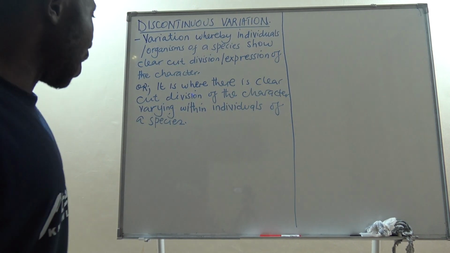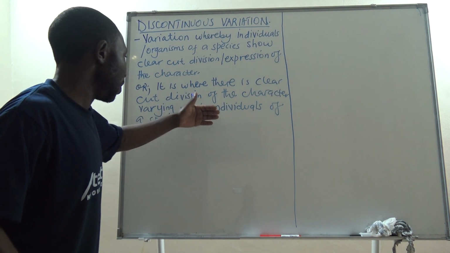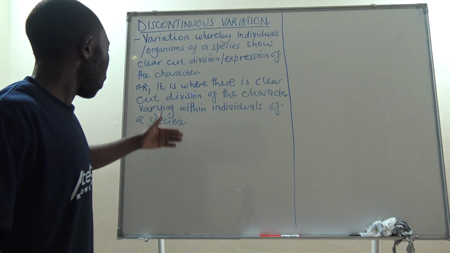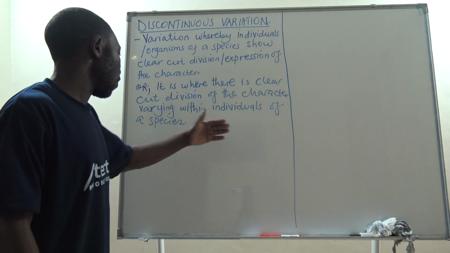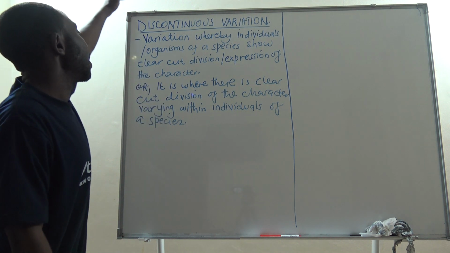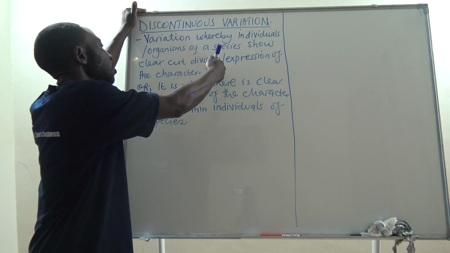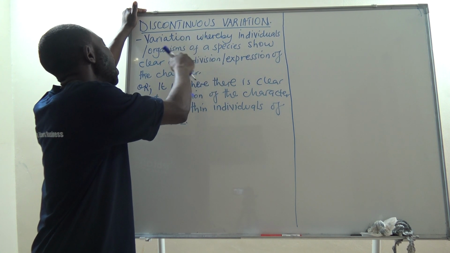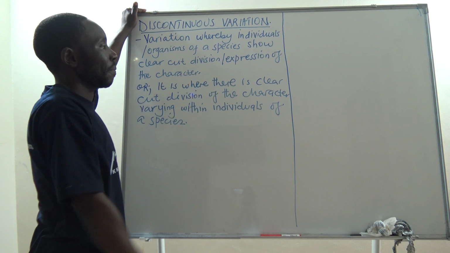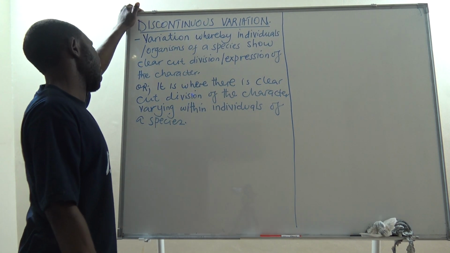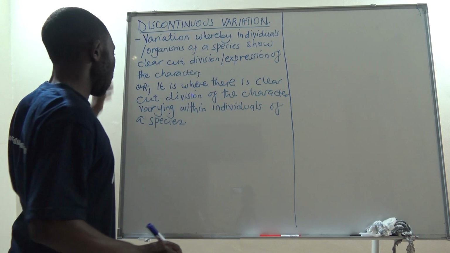So, that is discontinuous variation. It's where there is clear-cut division of the character varying within individuals of a species. Or it is variation whereby individuals or organisms of a species show clear-cut division or expression of the character. So, that is what we call discontinuous variation.